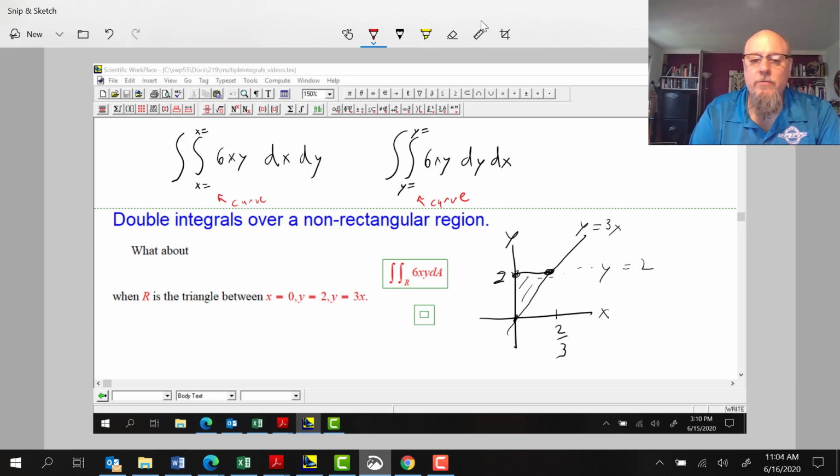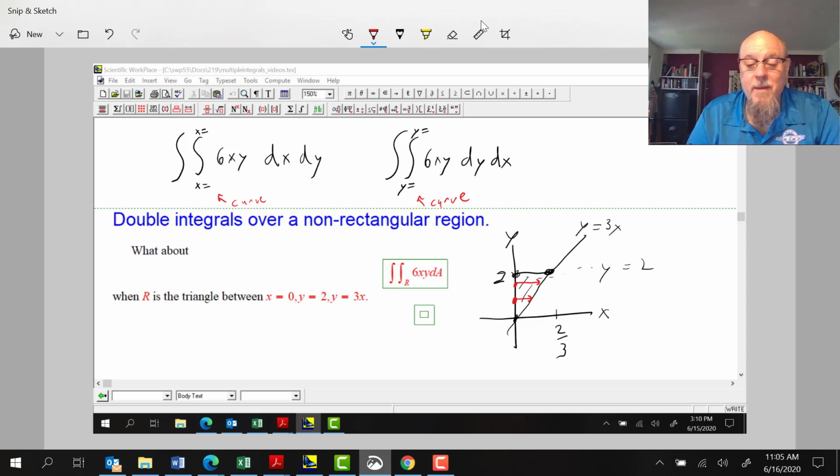Now, all the way through the shape, when it was a rectangle, our x's started on a line and ended on a line, so we could just put number and number. Now, it depends on where I am in this shape. Down here, I start at x equals 0 and go to some x value. It depends on the height. Here, I start at x equals 0 and I go to some different x value.